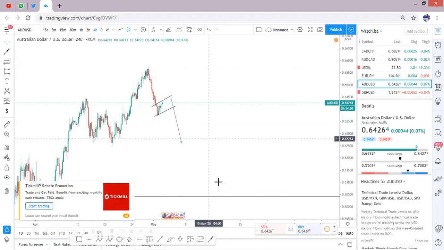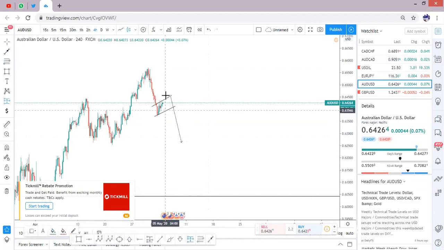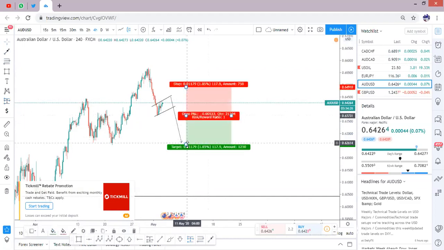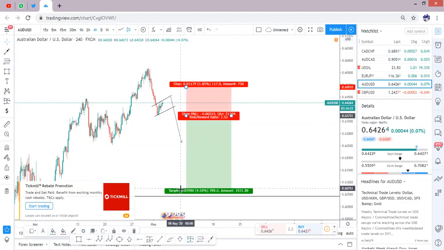So once I have my rejection candle on top of this channel, then I'm good to go in as an aggressive trader entry, or I can just wait for the breakout and place my entry. Just below here, that's 100 pips, and you can decide to write it all down. It all depends.